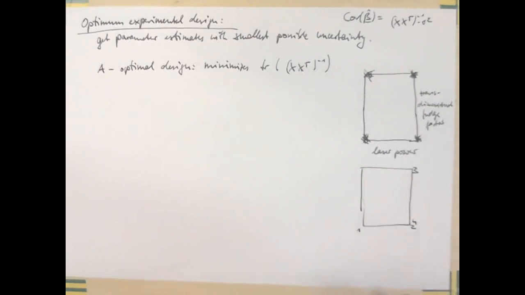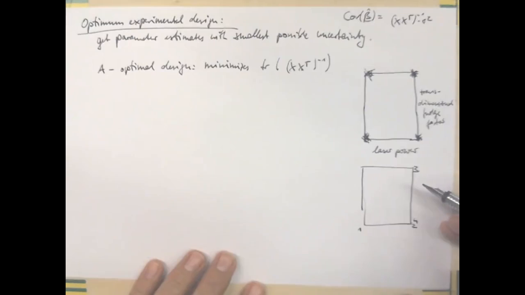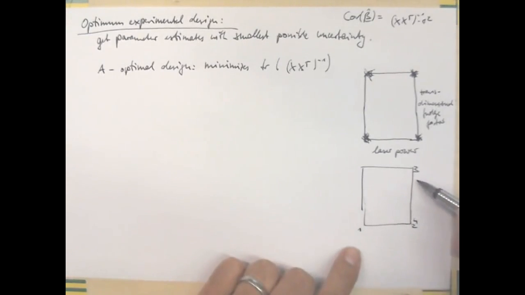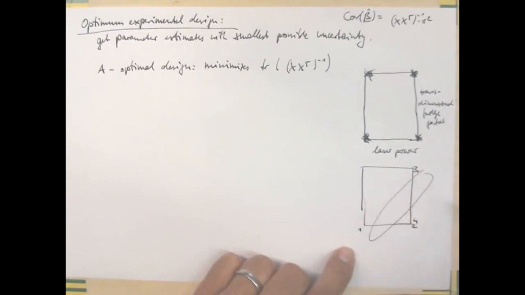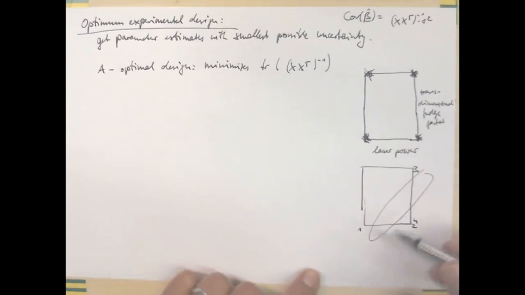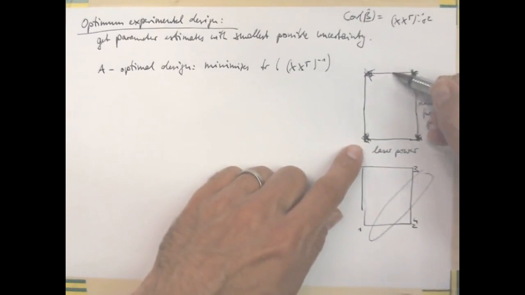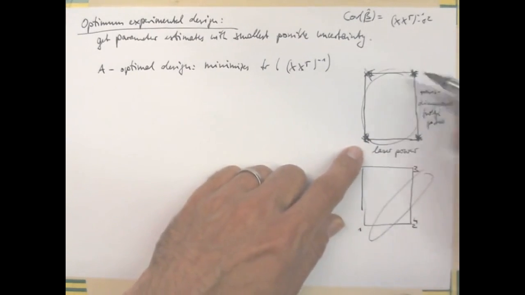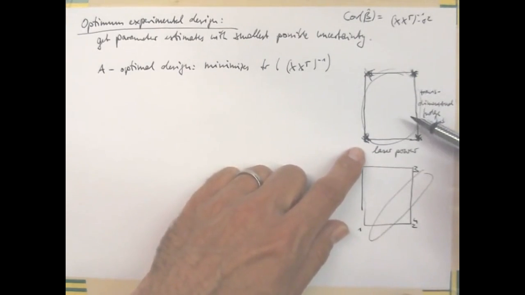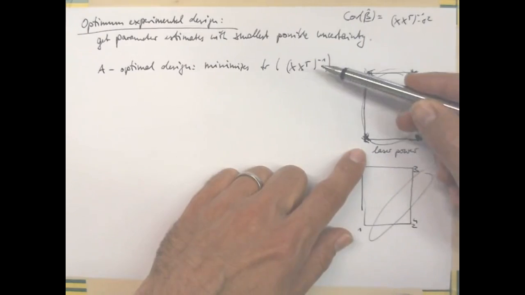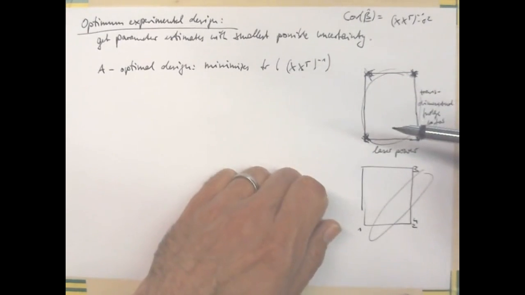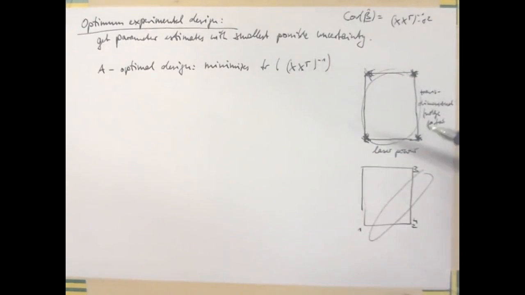I haven't spoken yet about Gaussianity, but if I did, I could now draw ellipses, and to fit these points here, I would get an ellipse that looks something like that. Whereas if I put my points 1, 2, 3, 4, I get an ellipse which has more volume, and hence it will have a smaller inverse, by some measure, and in that sense will give me smaller errors on my parameter estimates.